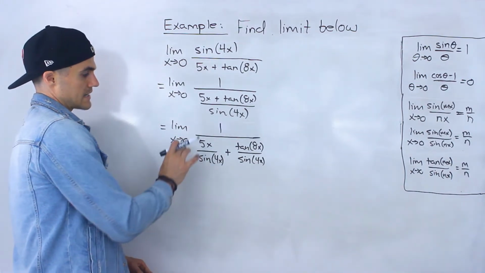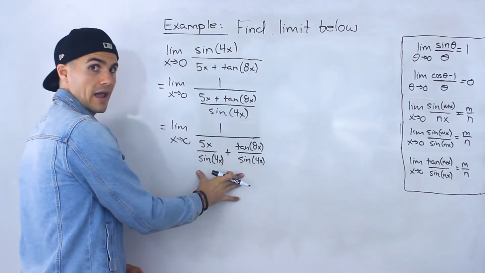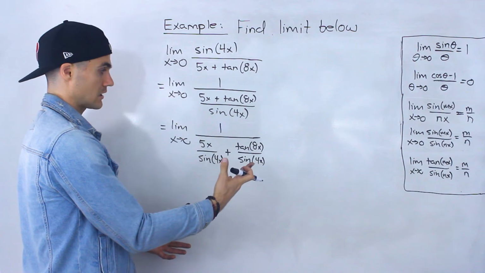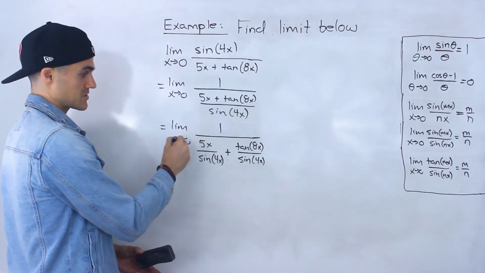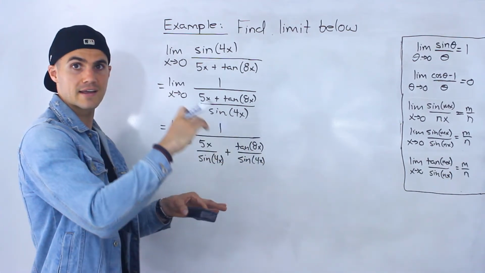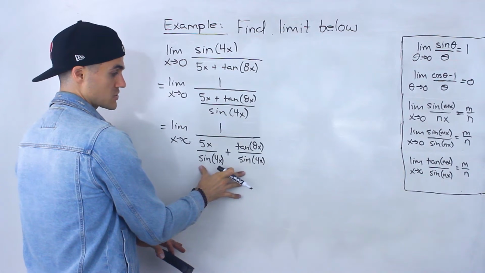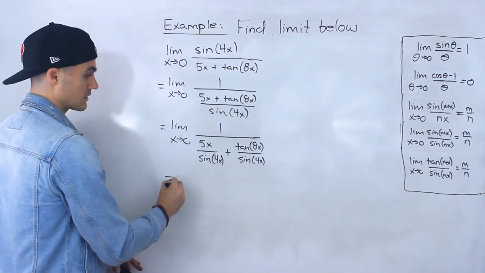And now what I could do is I can actually take this limit here and distribute it to the numerator and the denominator using limit laws. Whenever you have limit as x approaches a of f of x over g of x, you can rewrite that as the limit as x approaches a of f of x over the limit as x approaches a of g of x. So that's the limit law I'm going to use here.